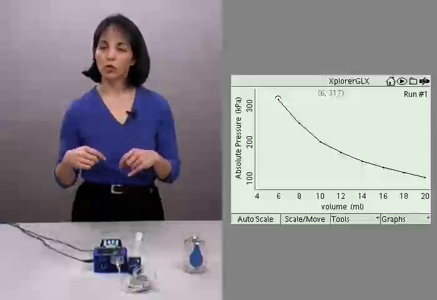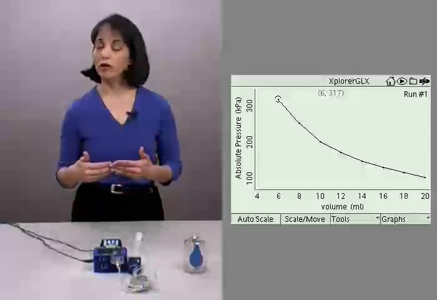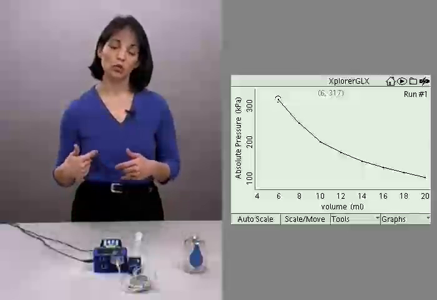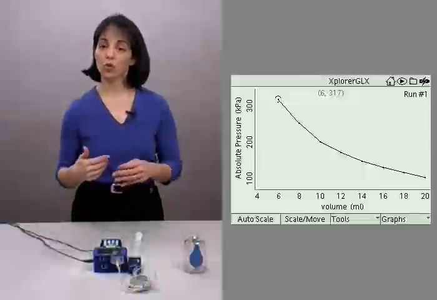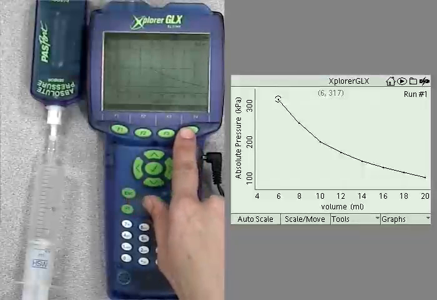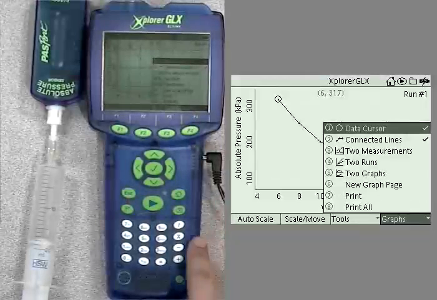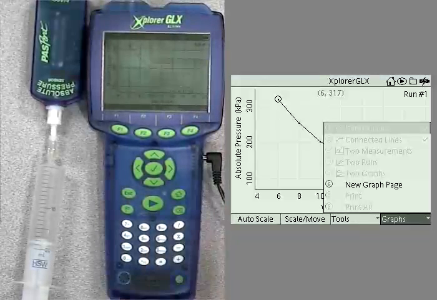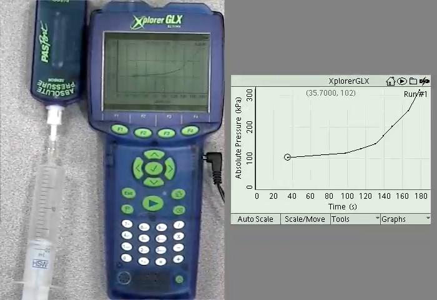So let's create our new graph in a new graph page, which we can get to by accessing the graphs menu, which we can find by pushing the F4 key. And item number 6, there is our new graph page, and when that opens up, we get pressure versus time.